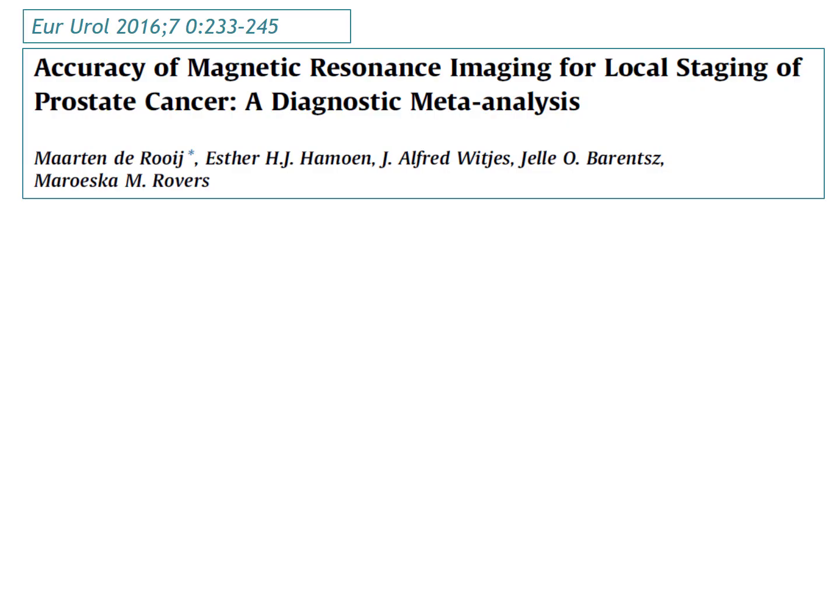There was a nice meta-analysis study reporting the accuracy of MRI for local staging of prostate cancer in European Urology, published in 2016. They included 75 studies with more than 9,700 patients.